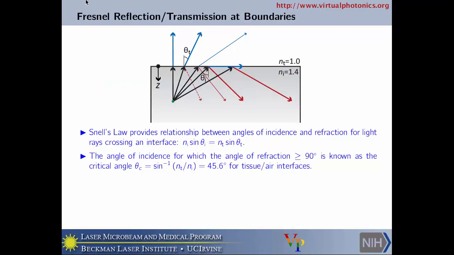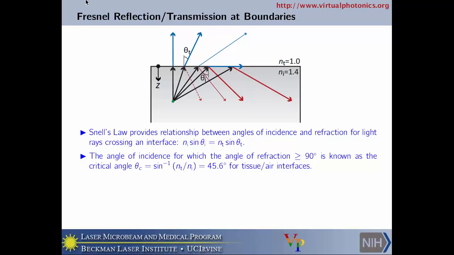So you can't solve these equations without boundary conditions, and I think in Carol's talk yesterday, we talked generally about the boundary conditions. I just want to have some documented slides that discuss this. So we know that often we have to deal with refractive index mismatches. From high school physics, we learned about Snell's law, which relates the refractive index and the angle of incidence to the angle of refraction.